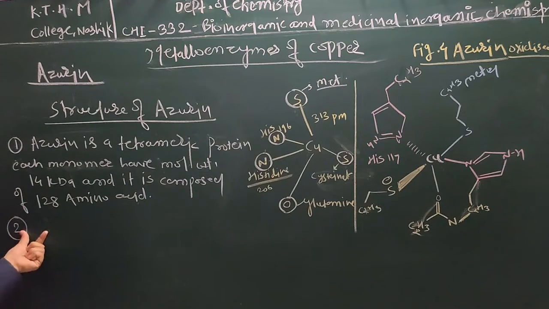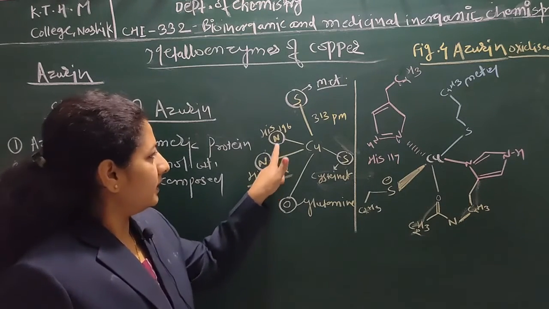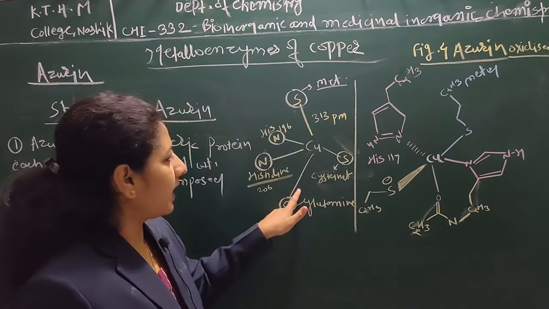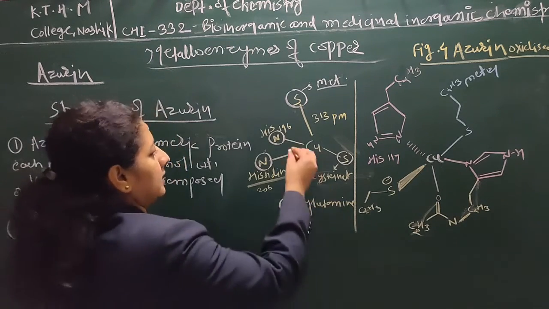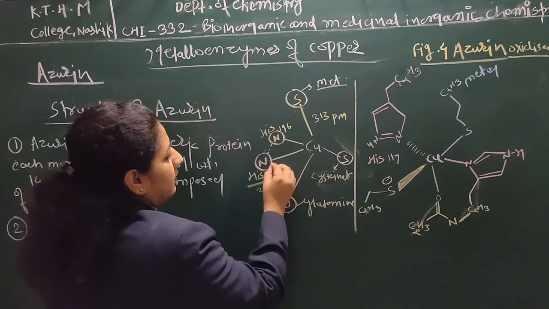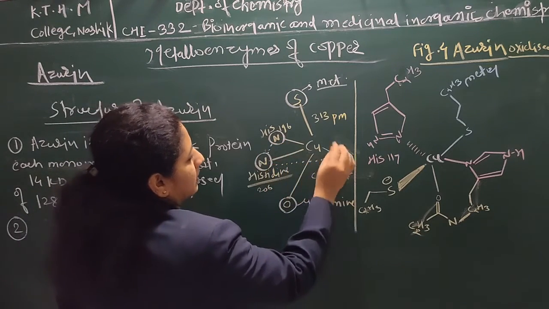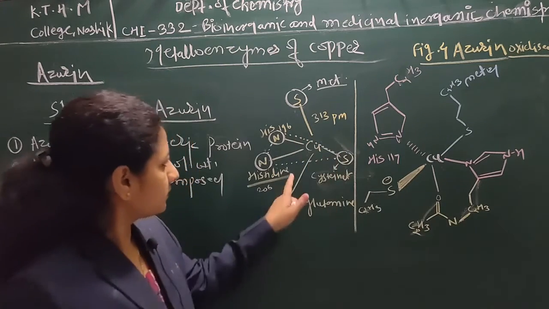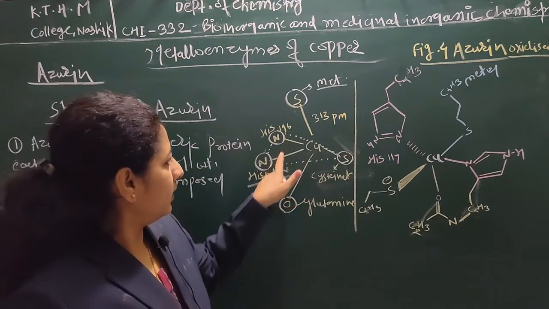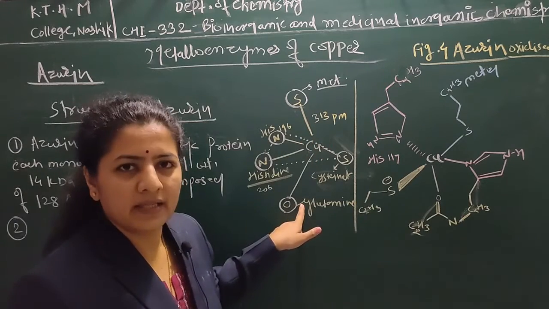Now if you observe the structure, a trigonal bipyramidal geometry is observed in Azurin, and if you join it, then you can say that this is equatorial and these two are axial ligands.